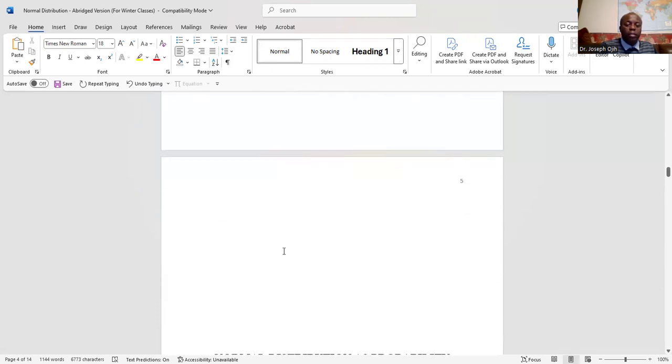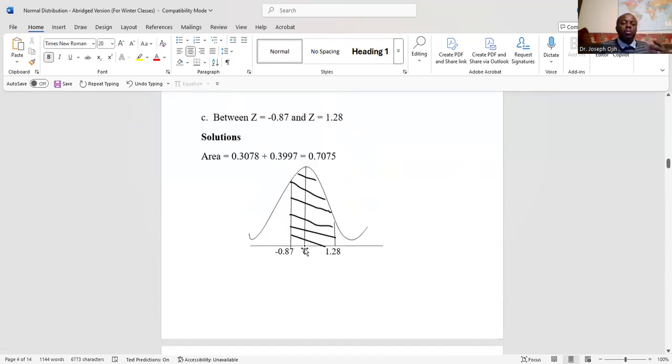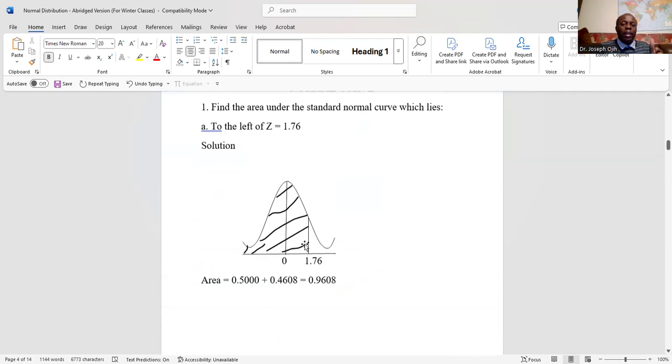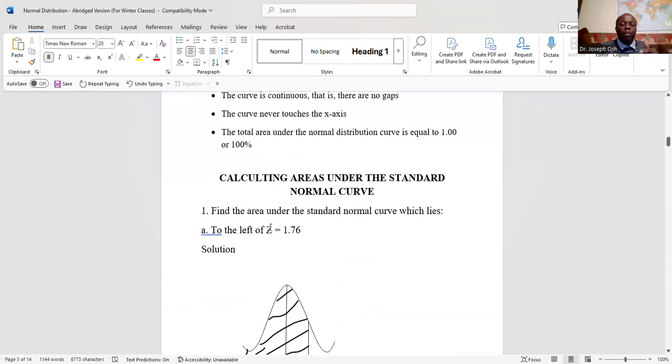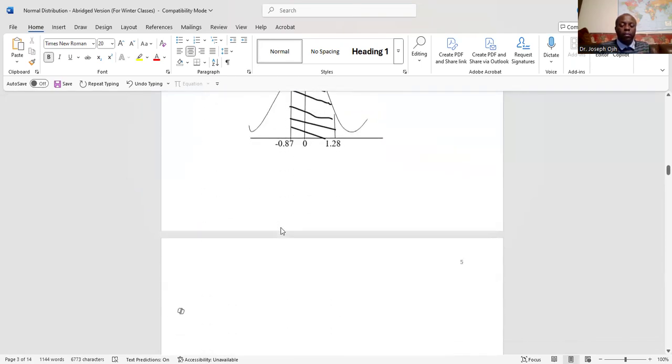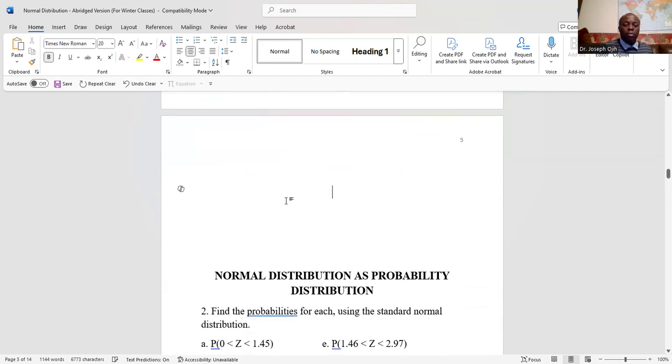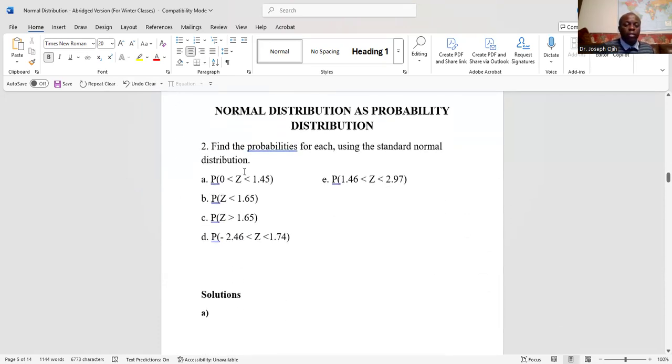All right, good, excellent. Now, there's another way I can ask this question. I can either ask you to find the area, or I can ask it in this form. See, this form says find the probabilities for each using symbols.